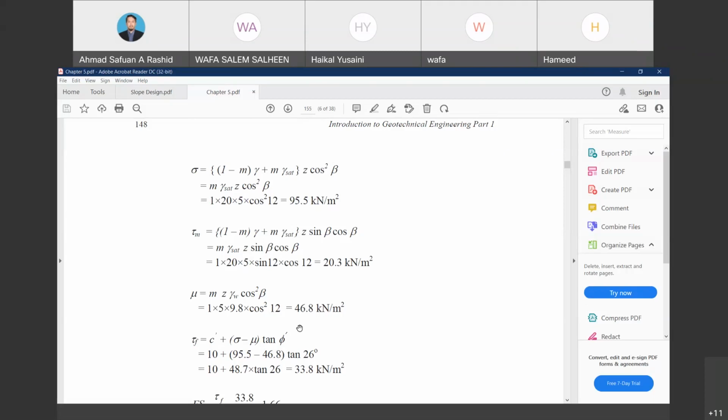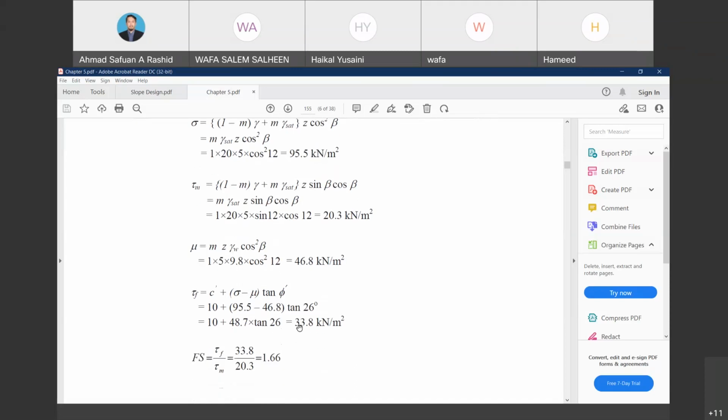So 90.4 minus 33, times tangent 20, plus 30, gives 50.89.